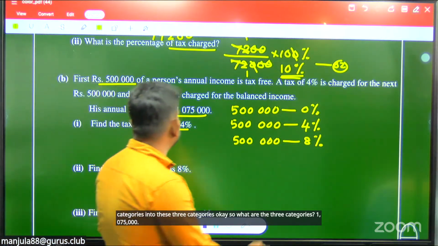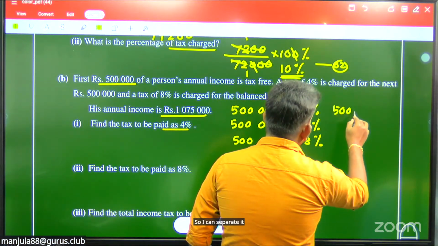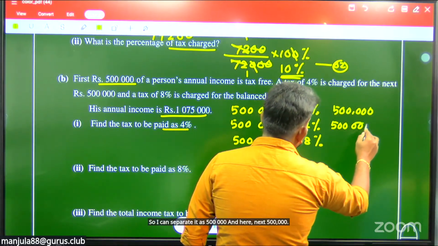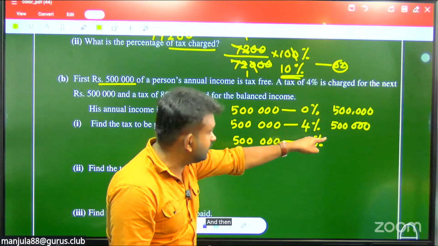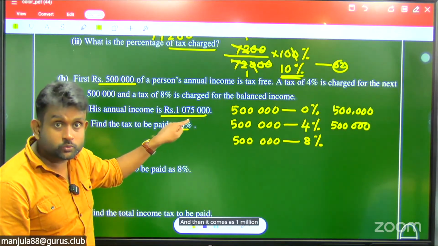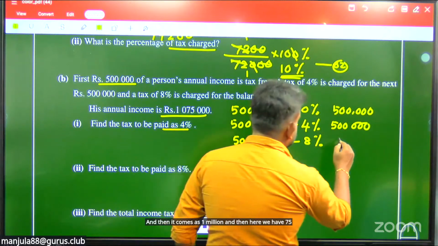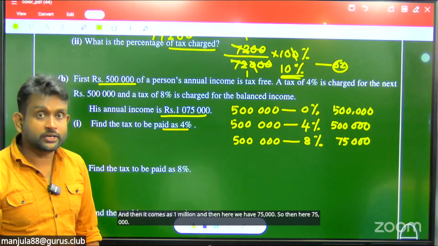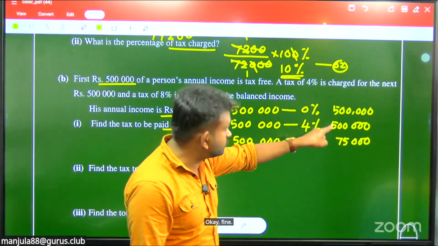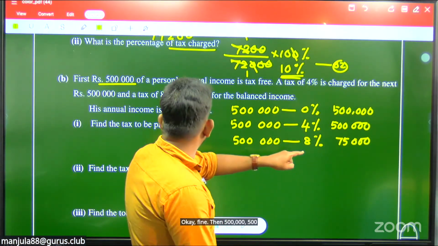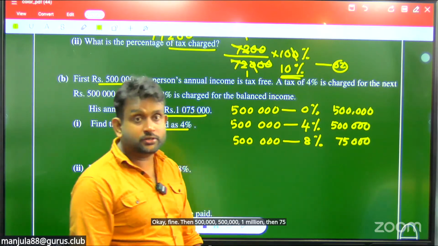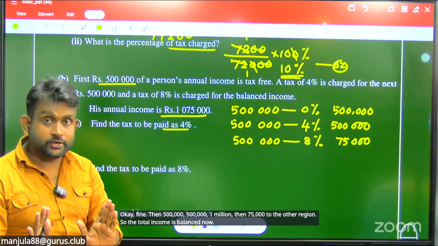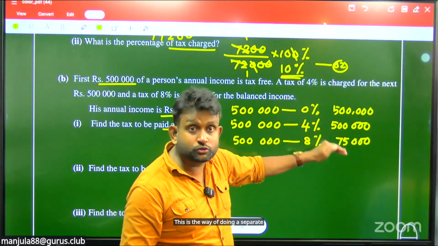I can separate it as 500,000, the next 500,000, which comes to 1 million, and then we have 75,000. Then 500,000, 500,000, 1 million, then 75,000 in the other region. So the total income is balanced now. This is the way of doing it: separate the income into these three regions.